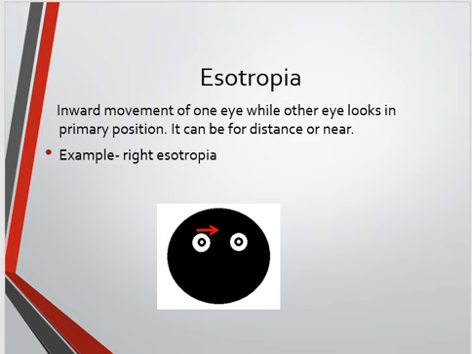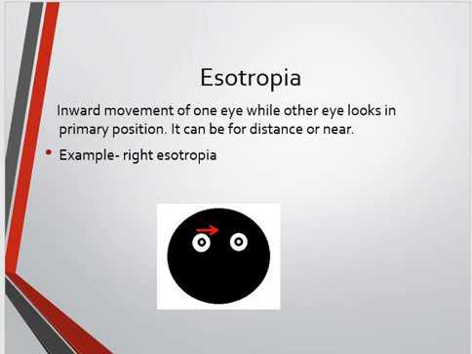Esotropia. Esotropia is inward movement of one eye while the other eye is looking in primary position. So you can see in the diagram, the right eye is moving inwards, whereas the left eye is looking straight ahead.